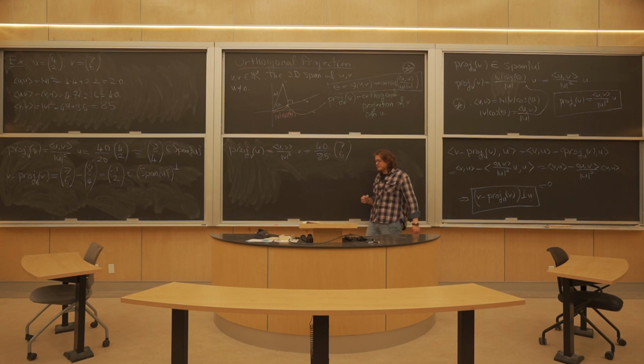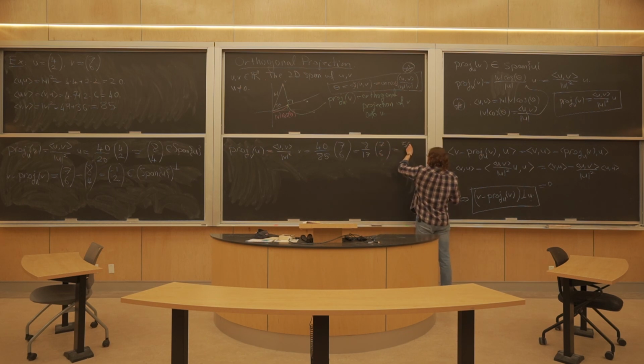If I divide this by 5, I get 17. So this is some ugly number. So I can write it like this. This is 56 divided by 17, the first entry, and then 48 divided by 17, the second entry.